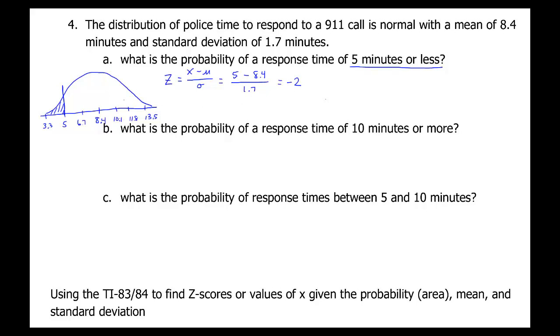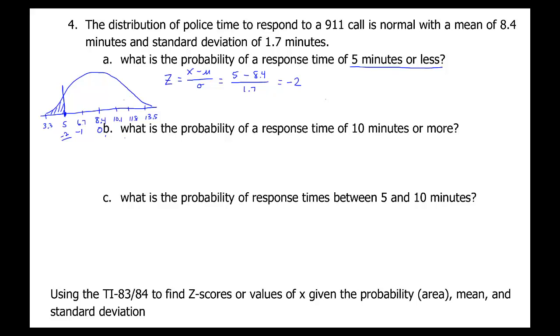So you can see on our distribution over here, if we were to add the z distribution scale in here, 5 was right here. It was exactly 2 standard deviations below the mean. So our z-score is -2, 2 standard deviations below the mean. So that's our expected number.